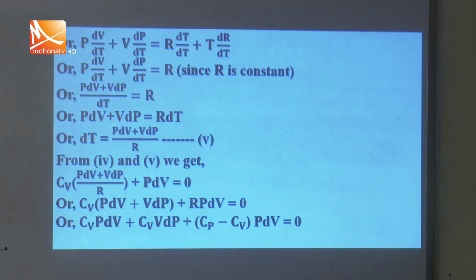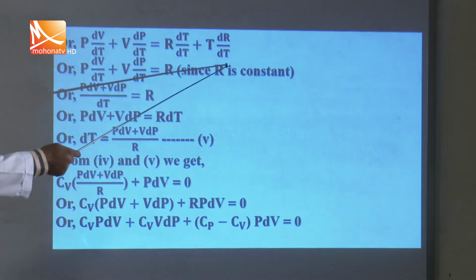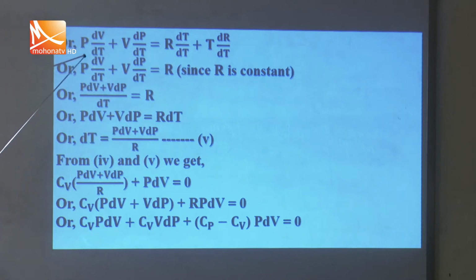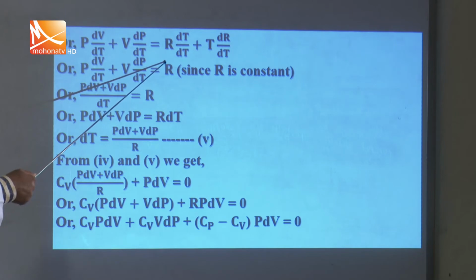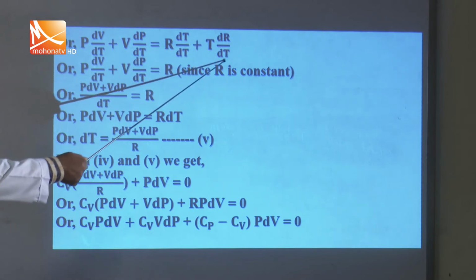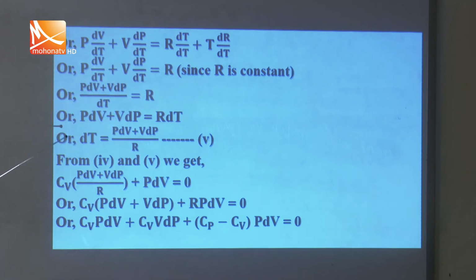Since here R is a universal constant, the term dR/dT equals 0. So we can write the relation P dV/dT plus V dP/dT equals R, since dT/dT equals 1.